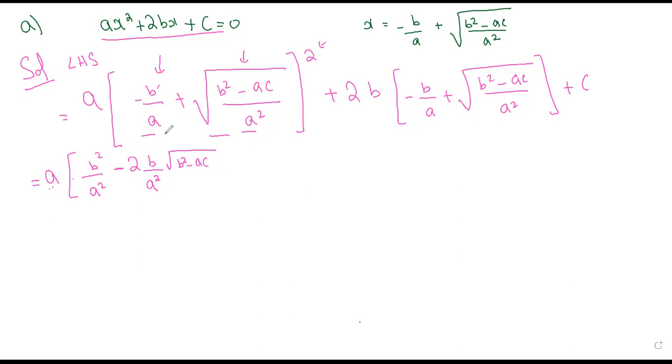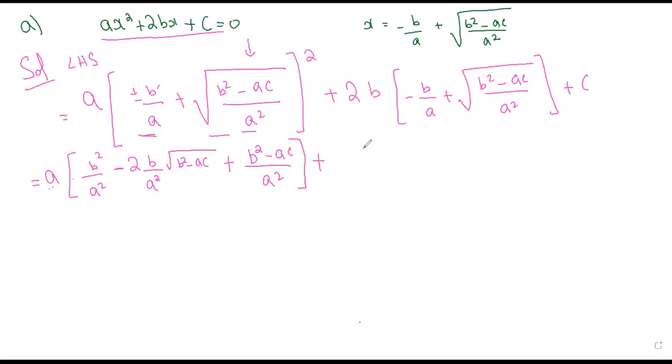Okay, so how do we do it? This number squared, then since we had a negative sign, I have minus 2 into B by A square, and then under the root B square minus 4AC, and then finally plus square of the big term. It would be square of this one, so that would be B square minus AC over A square, A squared, right?